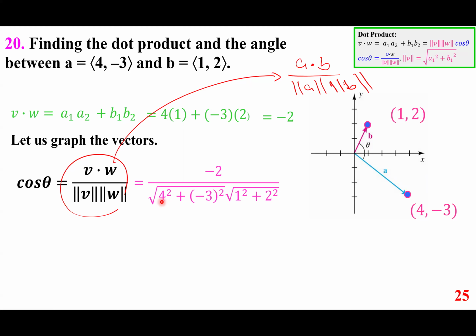So this is 16 and 9. 25 comes out as 5, and this is 5 remaining inside. Negative 2 over 5 square root of 5. And if I rationalize it, I get negative 2 square root of 5 over 25.